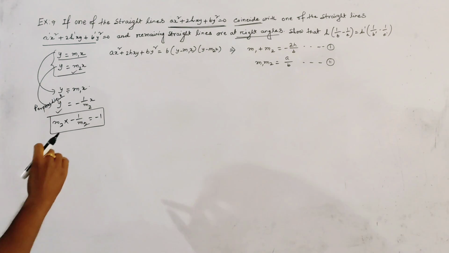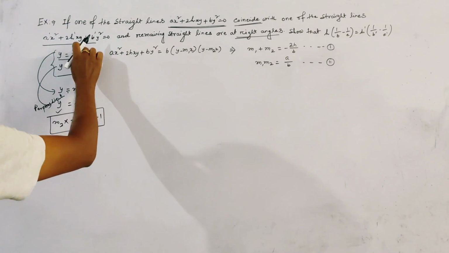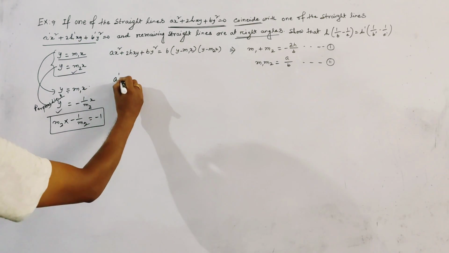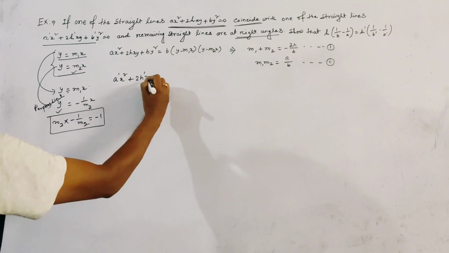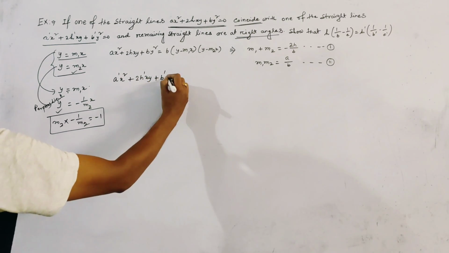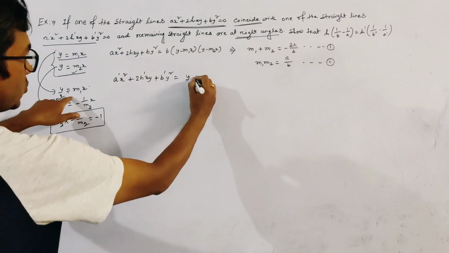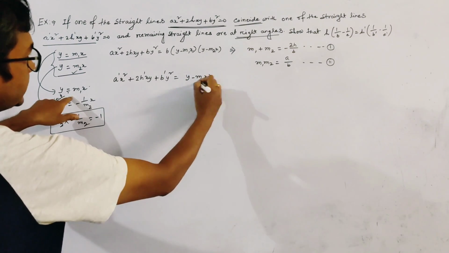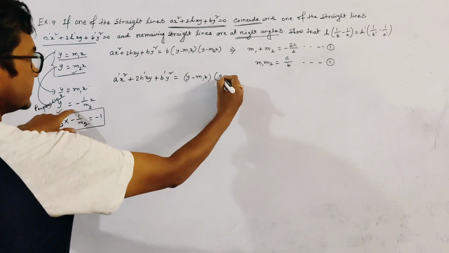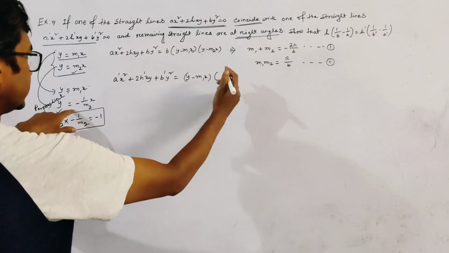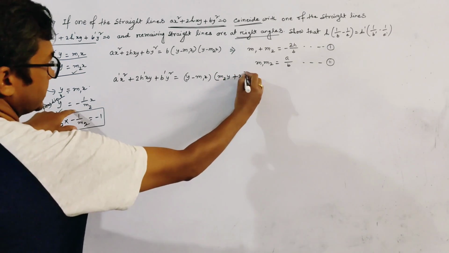Now we write the second equation, that is a'x² + 2h'xy + b'y² = (y − m1x)(m2y + x).